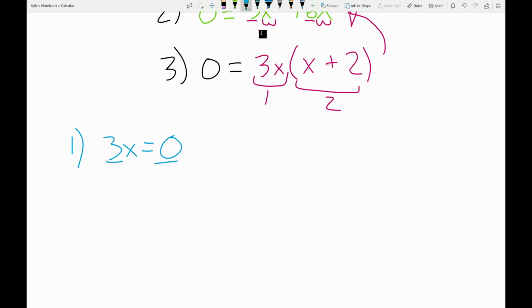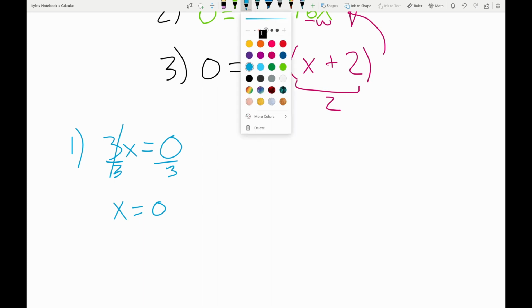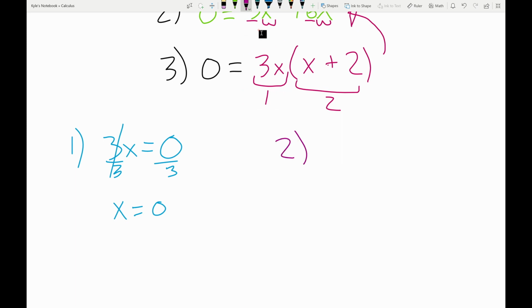We're going to solve for x, like we said in step 3. And we have x equals 0. And then here in step 3, we're going to have x plus 2 equals 0.